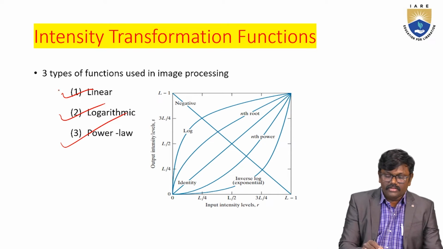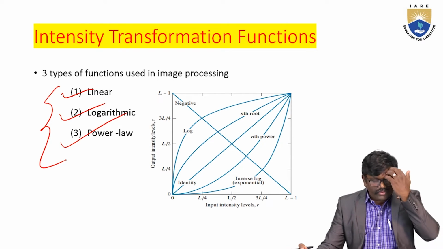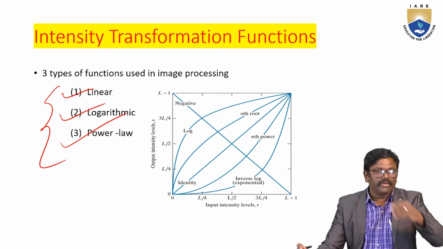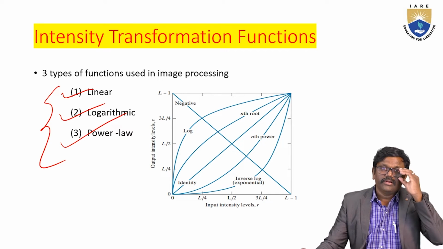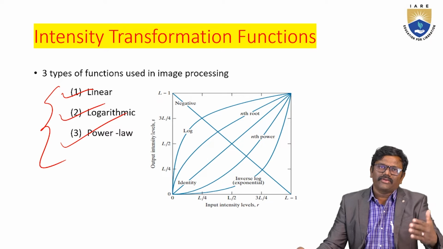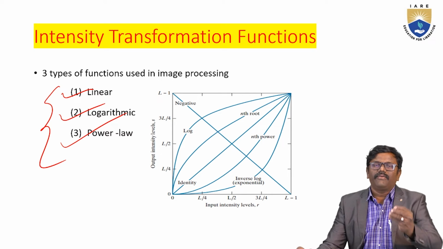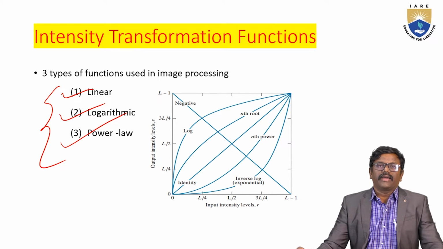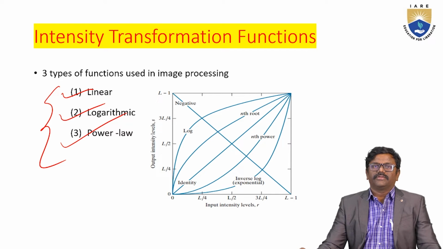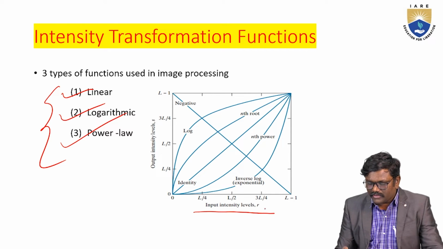How are these three connected together? We are going to connect one to another with the help of simple characteristics of the information. Let us take the y-axis as the input intensity levels of a particular image.